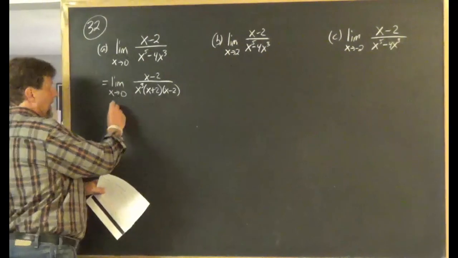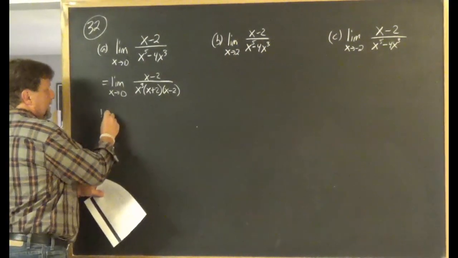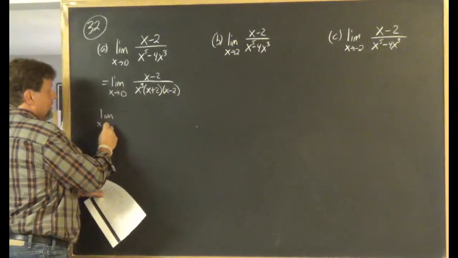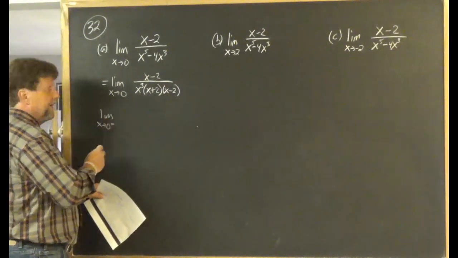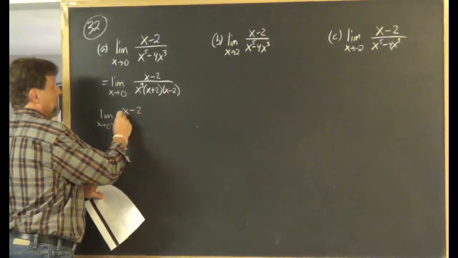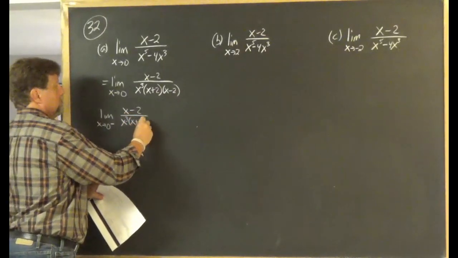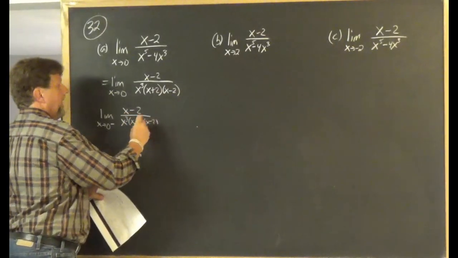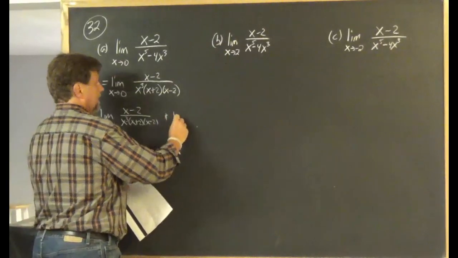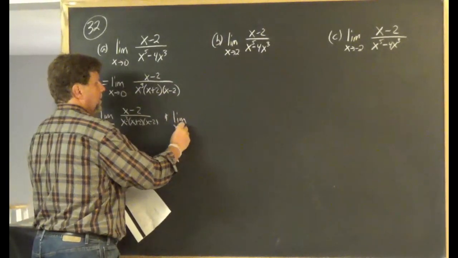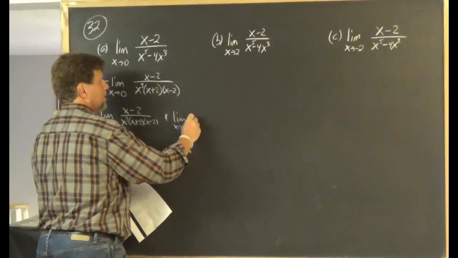I need to analyze the limit as x approaches 0 from the left side of 0 of x minus 2 over x cubed times x plus 2 times x minus 2, and the limit as x approaches 0 from the right.